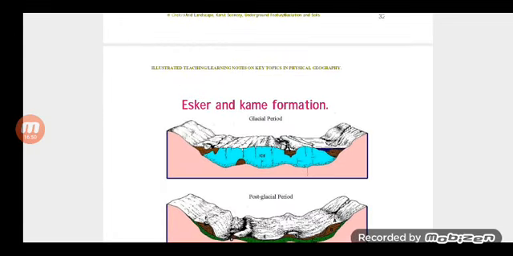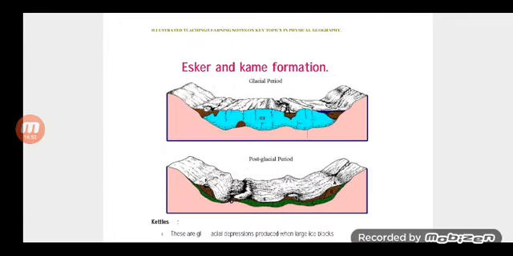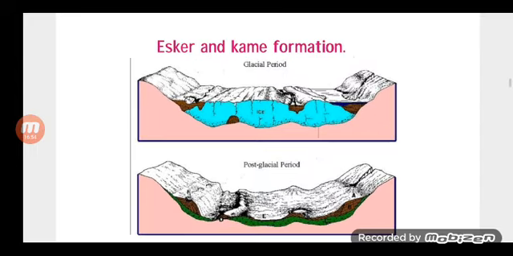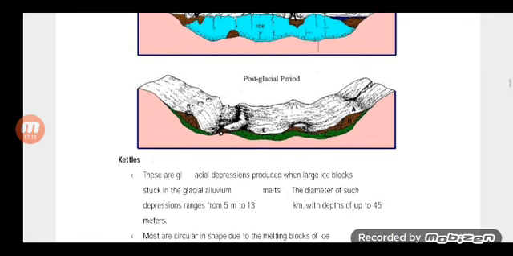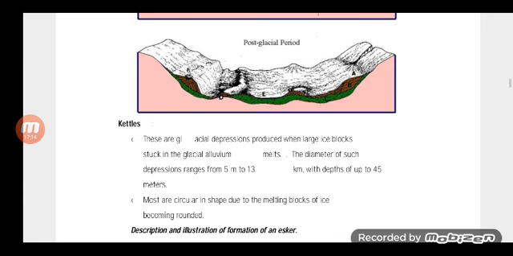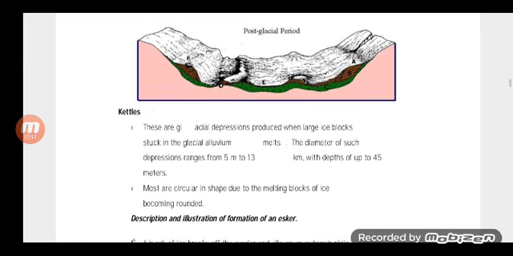So we can look. You can see there was ice moving, then it became stationary. The rivers that were beneath formed an esker, then there are hillocks formed.